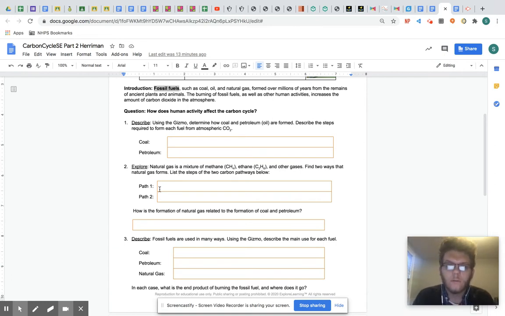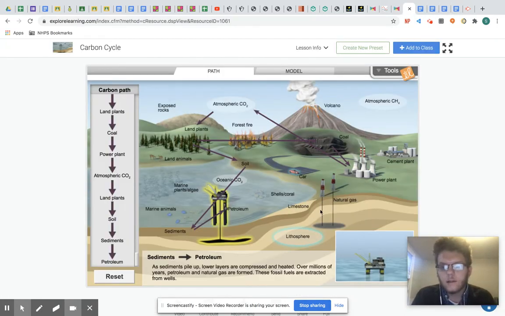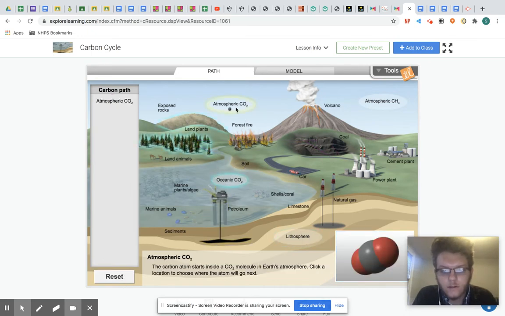Next, you're going to be making the pathway for natural gas. There are going to be multiple pathways for this, so we want to identify two different pathways. In the Gizmo, natural gas is here. We want to find two ways to get from atmospheric CO2, I'm going to reset this to atmospheric CO2, down to natural gas. We can see the natural gas is formed out of sediments.